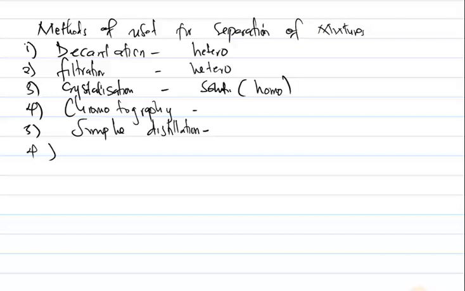Next is the fractional distillation, which separates mixtures according to their composition. So for example, if I mix water and alcohol and I need them as separate.